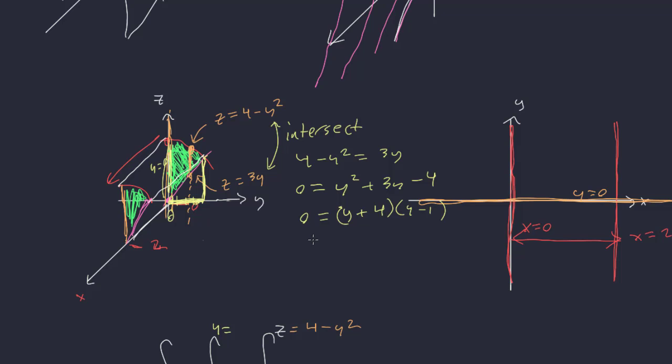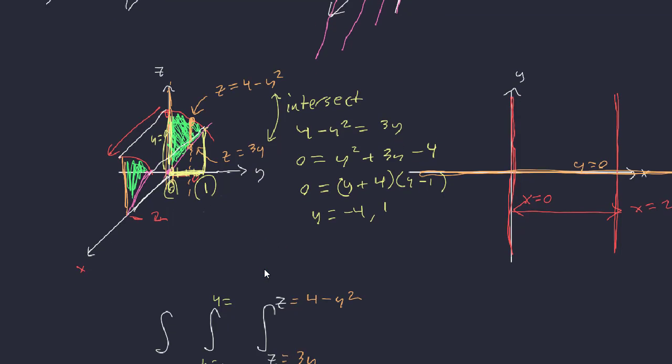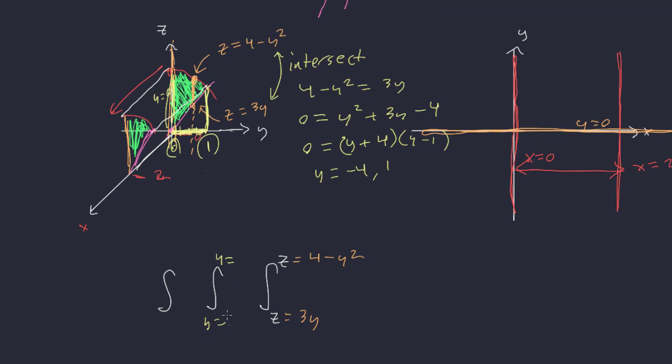So we get y is equal to negative 4 and 1, and so it's going to be 1. Okay. So in this case, the y limits are constant, going from 0 to 1, and the x limits, as we've already established here, x is just going from 0 to 2.